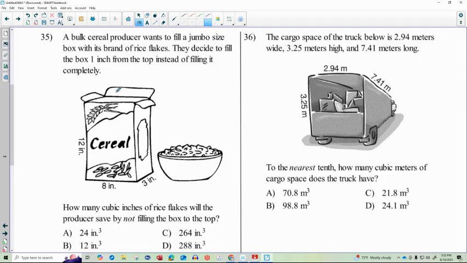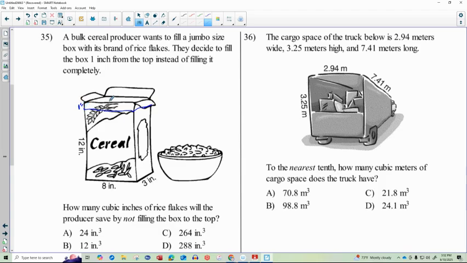Well, technically speaking here, the quickest way to do this is to kind of cut off this inch right here, because this is going to be the empty space, right? It said it's going to be 1 inch right there. That means 1 inch. So if we can figure out the volume of the empty space, we could jump right to the answer here. So it's going to have a height of 1 inch, which is going to be the blank space.